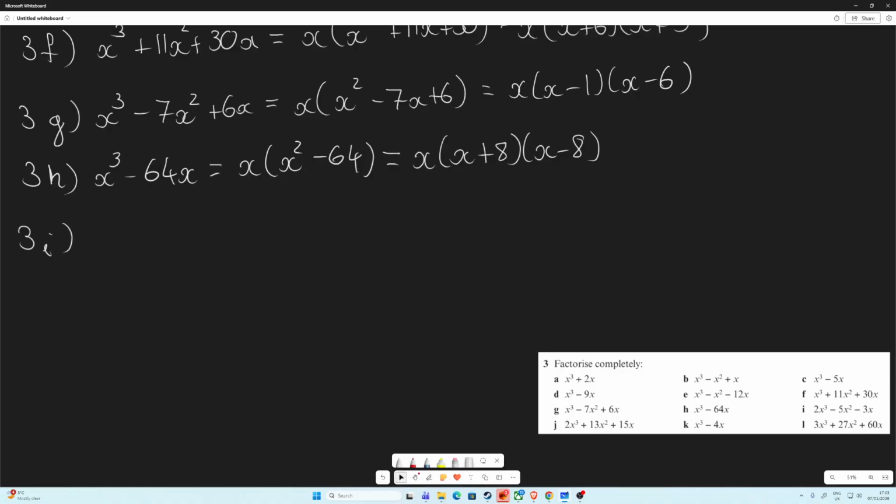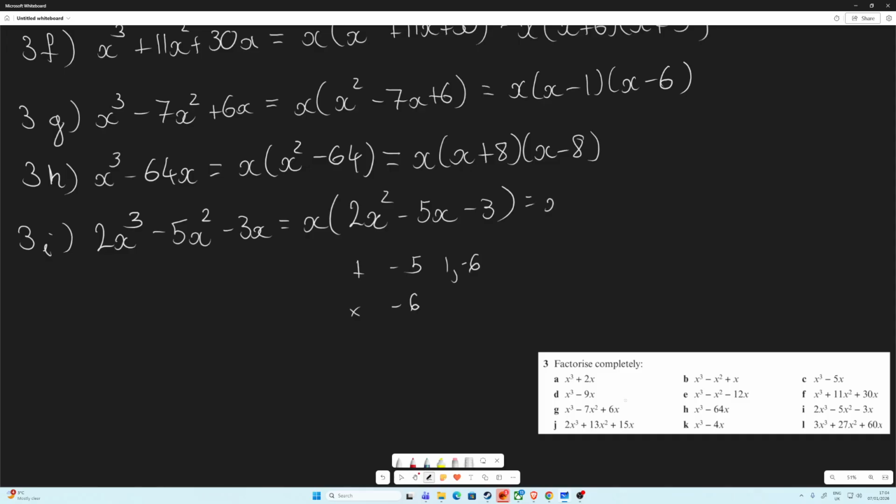3i. We have 2x cubed minus 5x squared minus 3x. Again, factor of x comes out, we're left with 2x squared minus 5x minus 3. Let's see if we can do something else to this. I want two numbers to add to minus 5, multiplied to minus 6. So that will be 1 and -6.